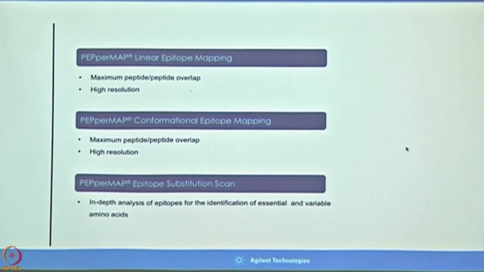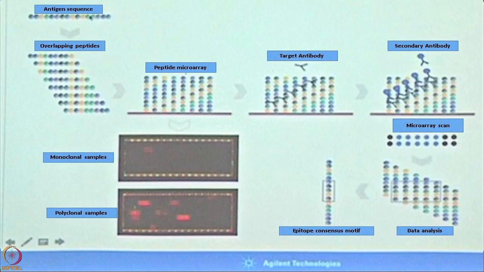So they have 3 different formats. One is linear epitope mapping, conformational epitope mapping, and then substitution. So there are 3 different ways they make a peptide array, right? So let's start with linear. Suppose this is the antigen sequence.